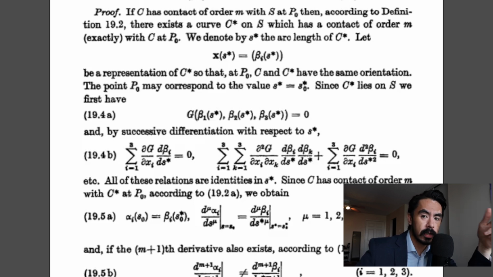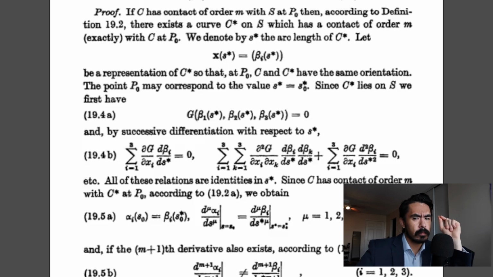But then this is added onto an additional sum, from i equals 1 to 3 of partial g partial xi times d squared beta sub i d s star squared. And this is all equal to 0.